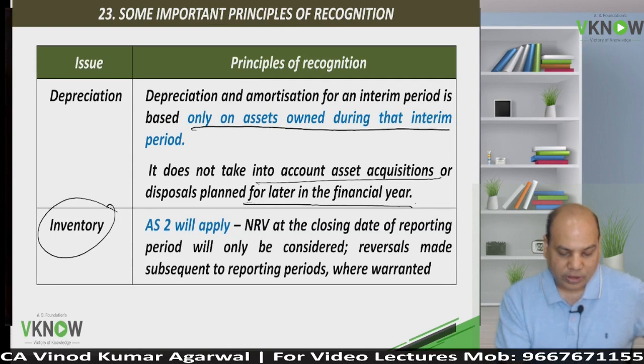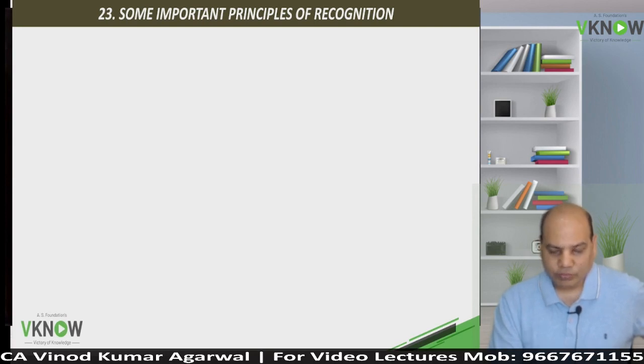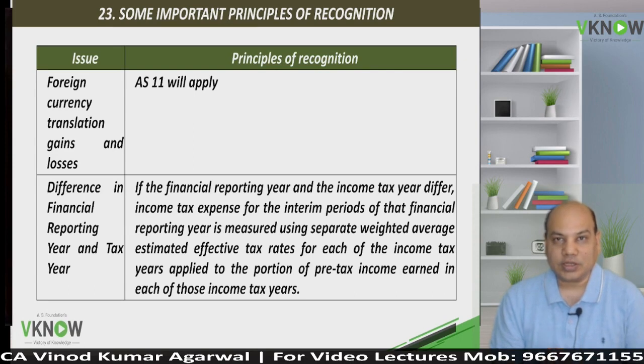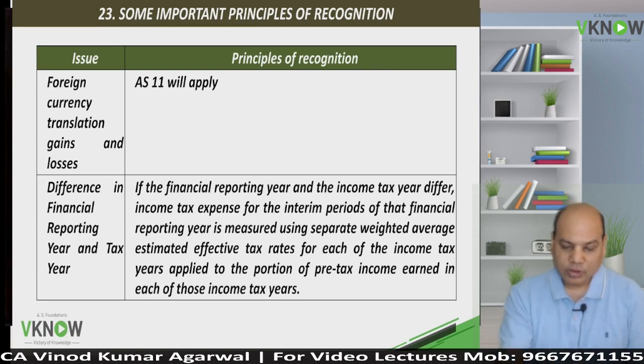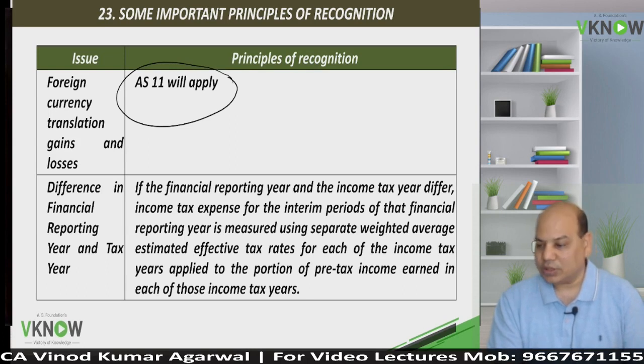And what about inventory? I won't explain much. Simply apply accounting standard 2. What about foreign currency transactions, foreign currency translation gain or loss? Again, one liner. Simply apply accounting standard 11.